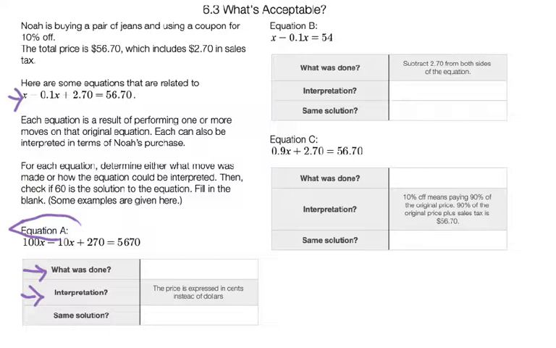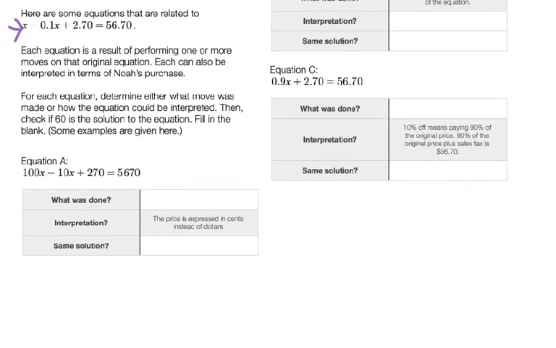So I'm going to go ahead and erase this. And I see that I have equation A. Here's my original right here. We're always going to go back to the original. I've got x minus 0.1x plus 270 is equal to 5670.